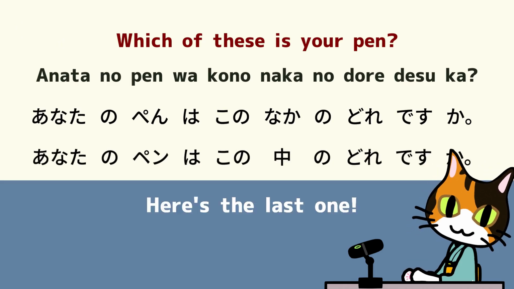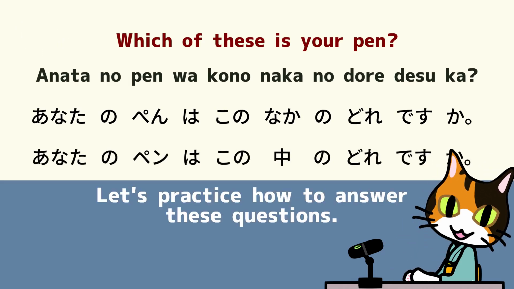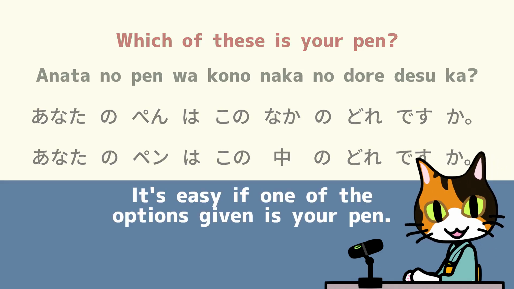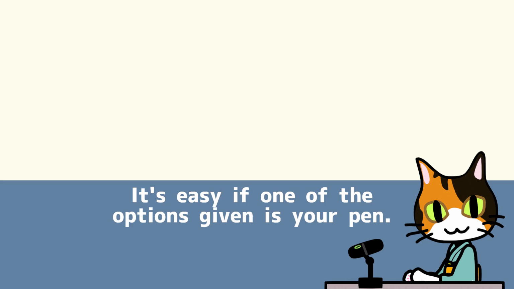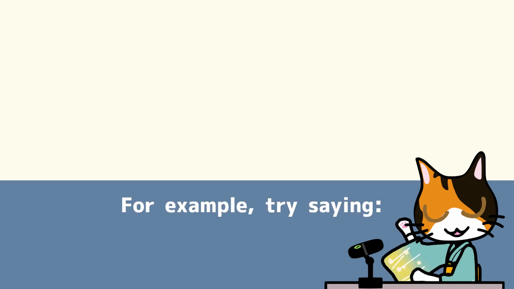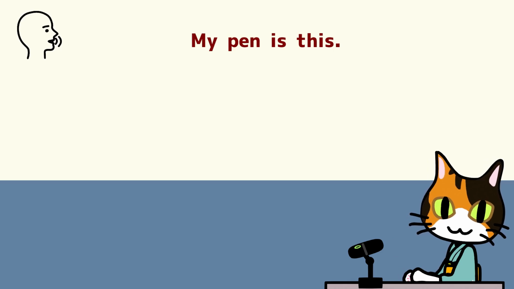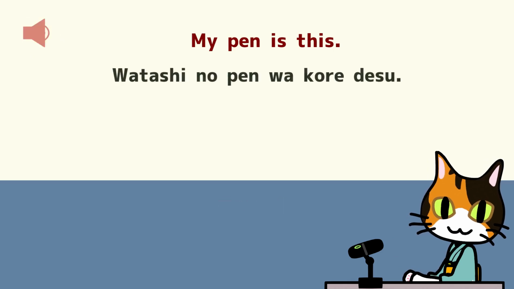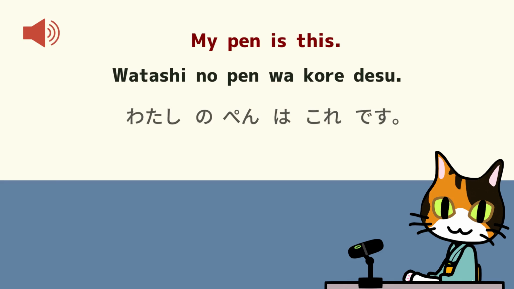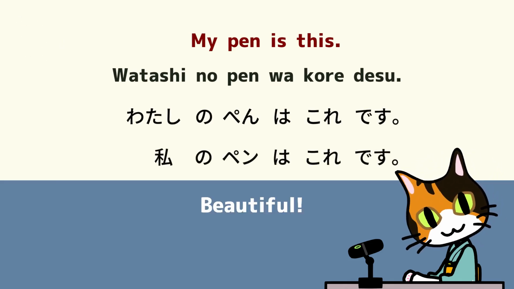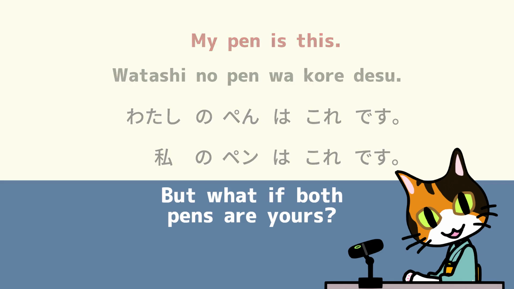Brilliant. Here's the last one. Let's practice how to answer these questions. It's easy if one of the options given is your pen. For example, try saying, "my pen is this." Great. 私のペンはこれです。 Beautiful. But what if both pens are yours?